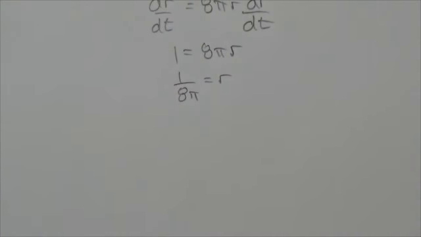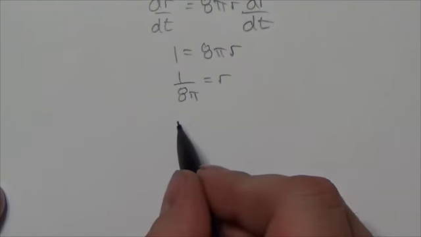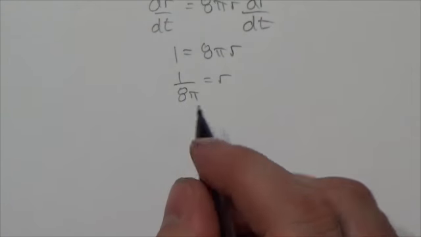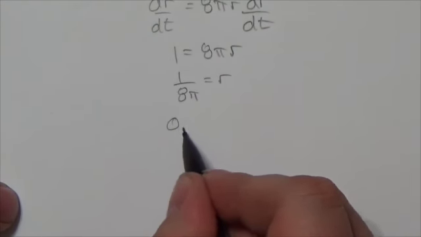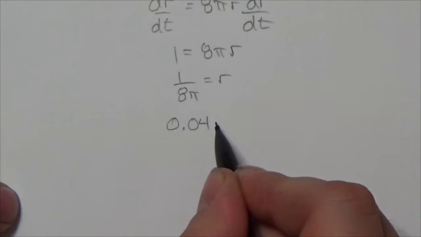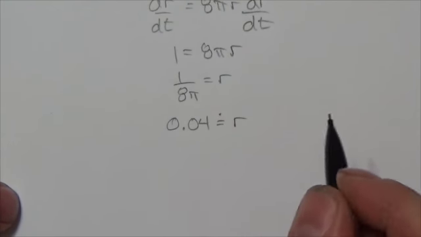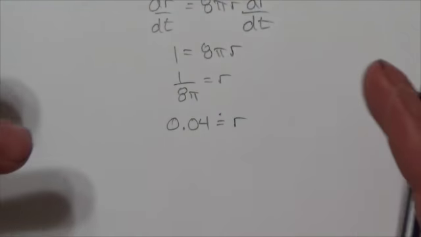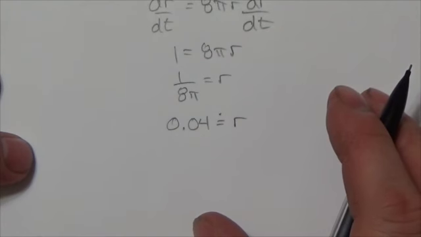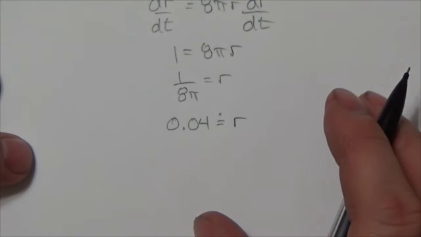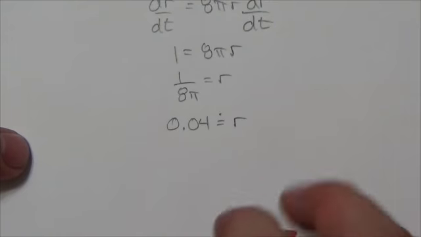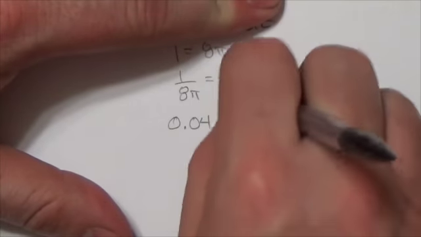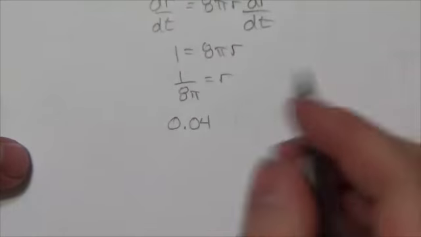Now, just so that we have an idea of how big that value is, I'm going to figure out the decimal equivalent, and this is going to be approximately 0.04 units here. Now, notice that at no point here did we ever actually identify what the units are. And that's because we don't really need to know at this point.